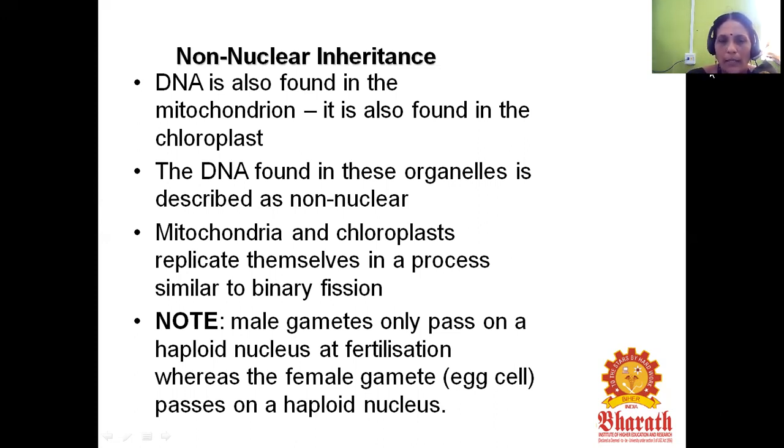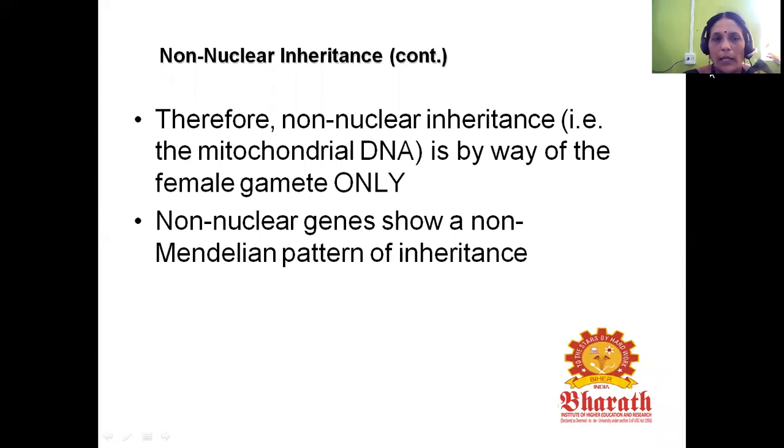Note that the male gamete only passes on a haploid nucleus at fertilization, whereas the female gamete passes on a haploid nucleus as well as organelles. Therefore, non-nuclear inheritance, that is mitochondrial DNA, is by way of the female gamete only. So non-nuclear genes show a non-Mendelian pattern of inheritance.